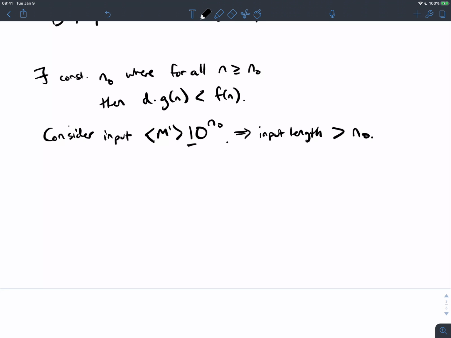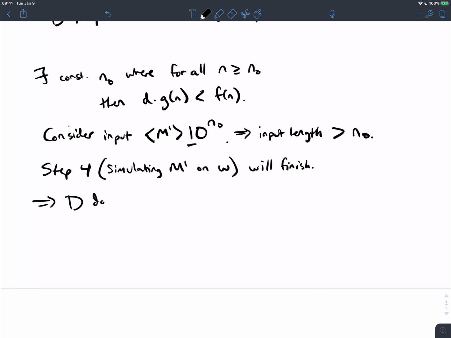Well, because of that, step 4, simulating M prime on w, will finish. But by the construction of D, D does the opposite.